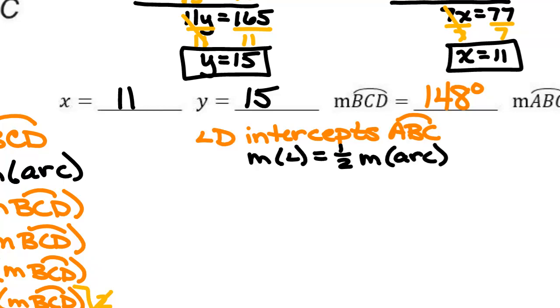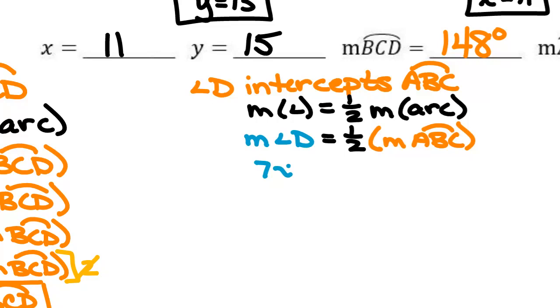So the measurement of angle D is equal to 1/2 times the measurement of arc ABC. How big is angle D? 7x plus 1 equals 1/2 times the measurement of arc ABC.